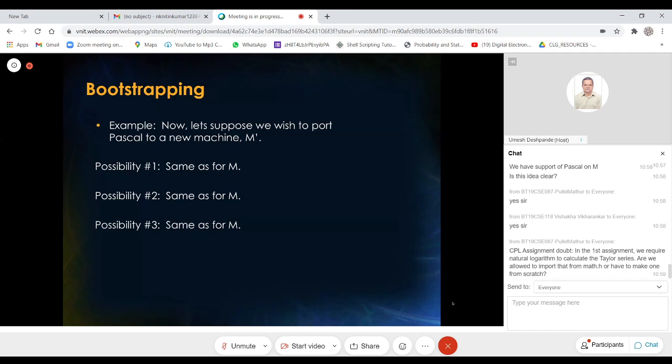I will spare you the effort of writing the natural logarithm function itself, so you can use math.h to use that log function. You might also need the exponent function, exp, that is e power something.